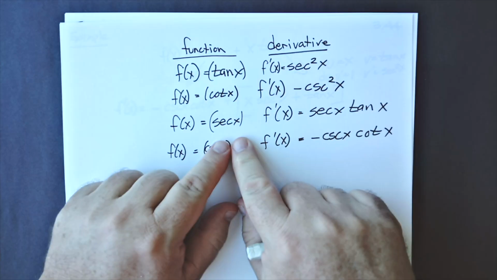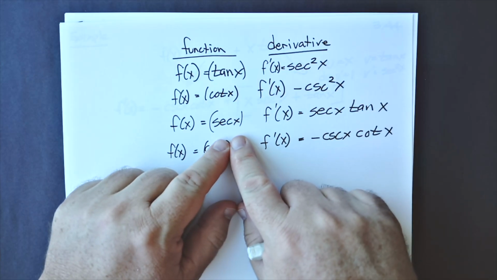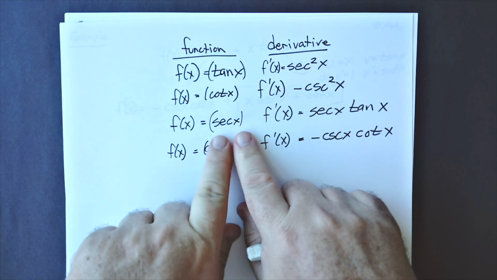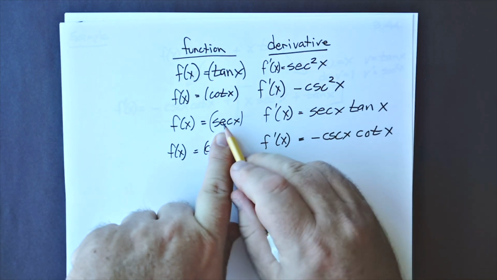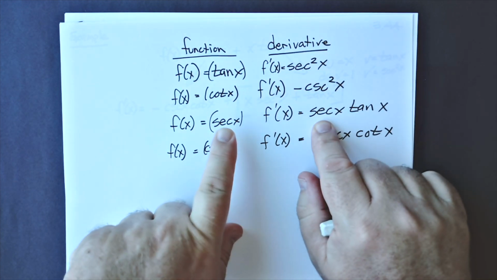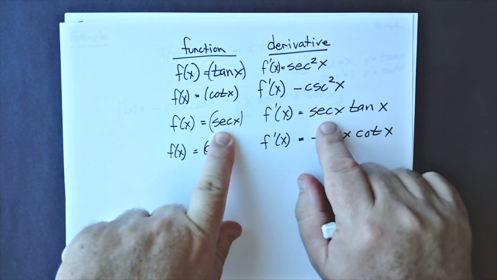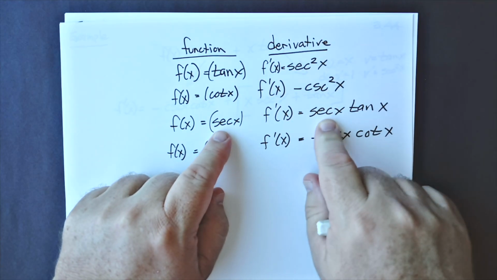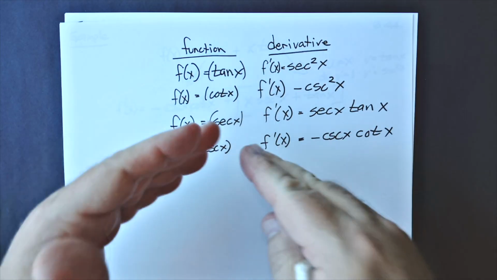The weird one, which will come back to haunt us in many different ways, is the secant. And when I say weird, the derivative of the secant is secant tangent. So the weird part is that the secant is in its own derivative. So it doesn't go away. It actually is added on. It kind of accretes as you're moving on.